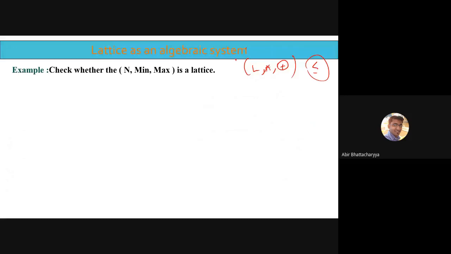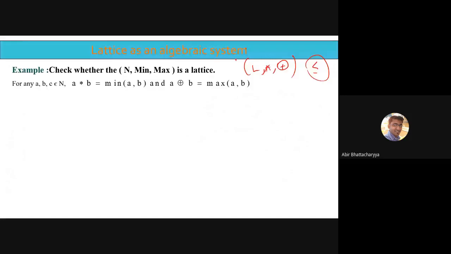That means we will prove that this is a lattice as an algebraic system. We will go for these three laws. The very first thing you have to write is, for any A, B, C belonging to the natural numbers, what star and plus circle denote to us.